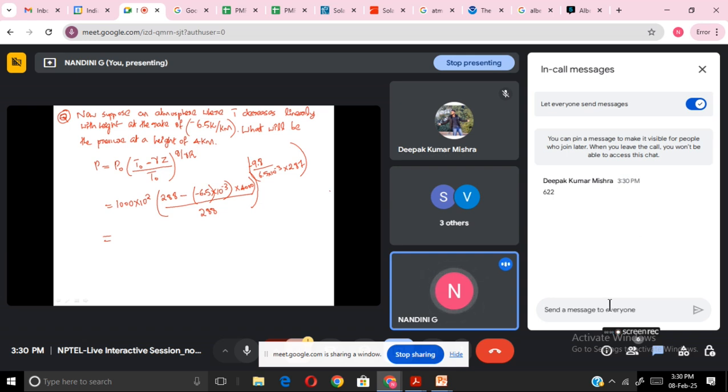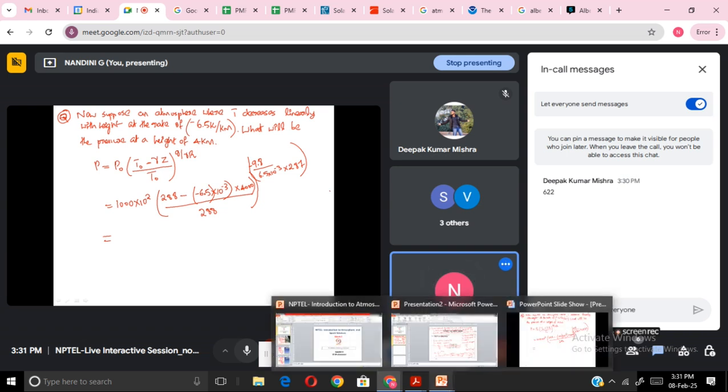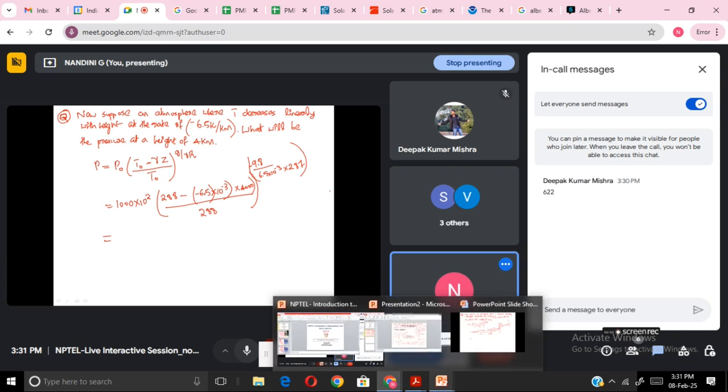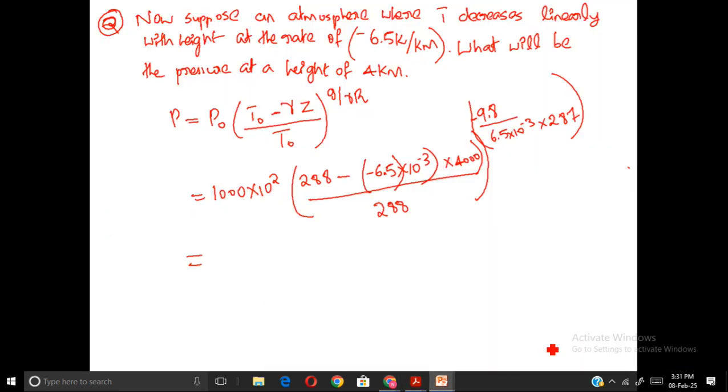Just see how much it is coming and how much difference there is with the first one, when we consider a realistic case versus the isothermal assumption. So solve the problem and let me know.